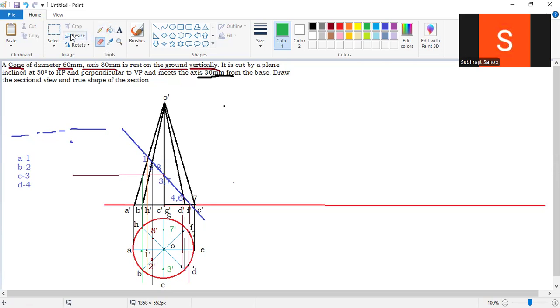So what is the next step? Next step is too simple. After getting this many points, slowly you draw. What you will draw? This to this to this.